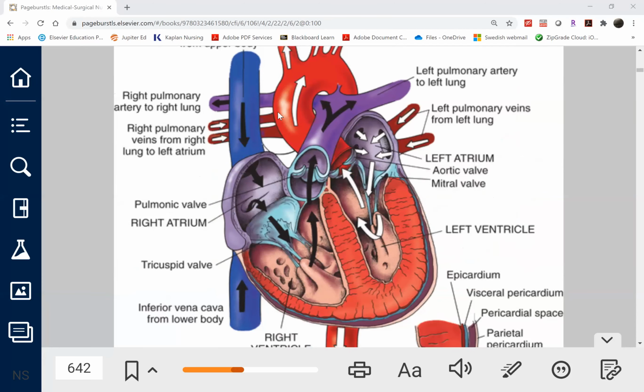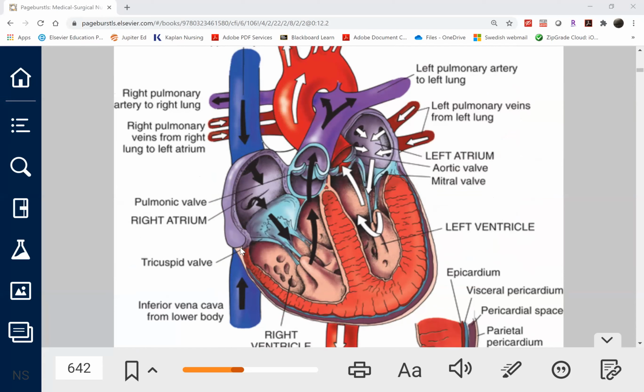You have the big vessels there, superior vena cava, inferior vena cava, both returning blood into the heart, entering the right atrium, passes the tricuspid valve, entering the right ventricle, leaves the heart via the pulmonary arteries, left and right, going to the right and the left lung. And then they return to the heart via the pulmonary veins, entering the left atrium, passes through the mitral valve, and then into the left ventricle, and then finally out into the aorta.